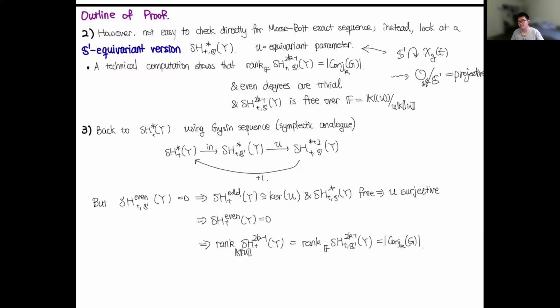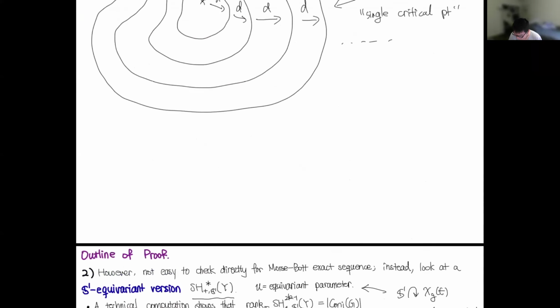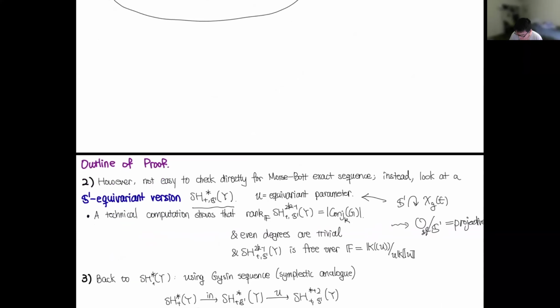And being supported in even degrees tells you that, if you form this S1 equivariant version, where you replace all the orbits by unparameterized ones and run the construction of the symplectic cohomology again, you get analogs of everything, including the spectral sequence.